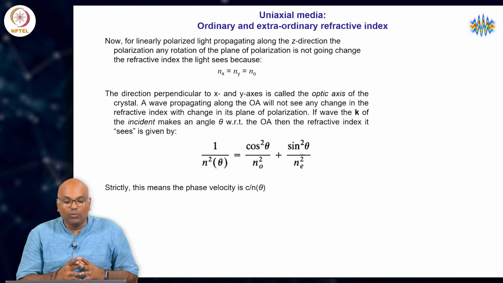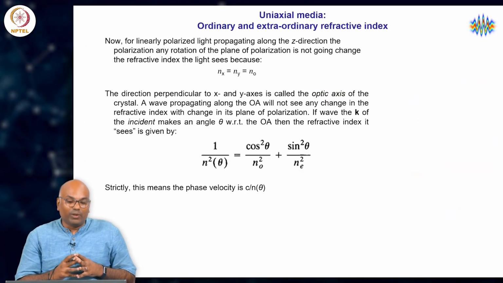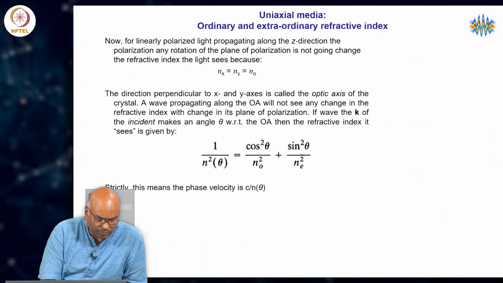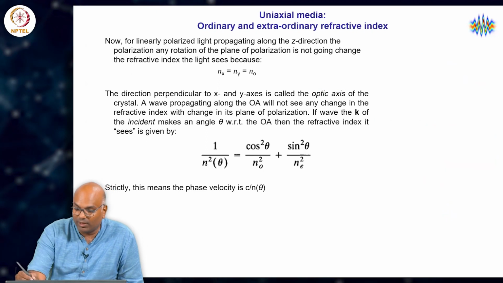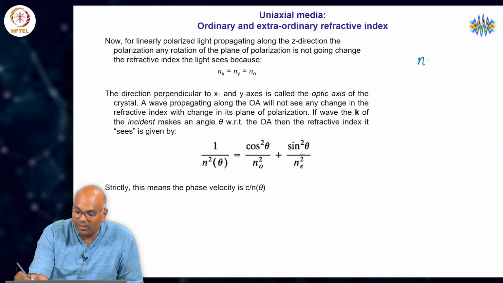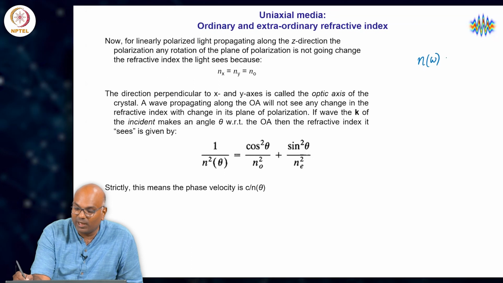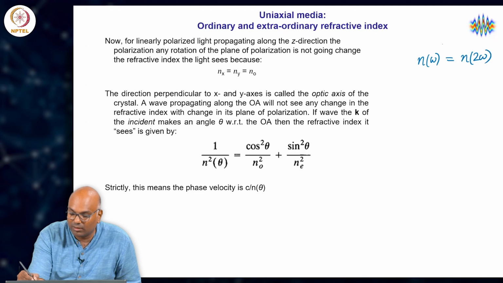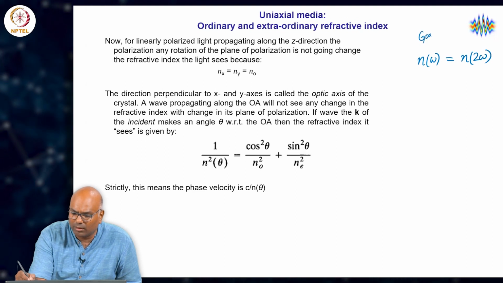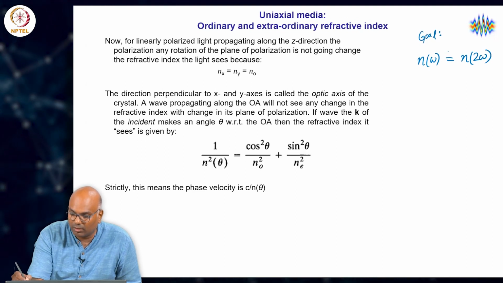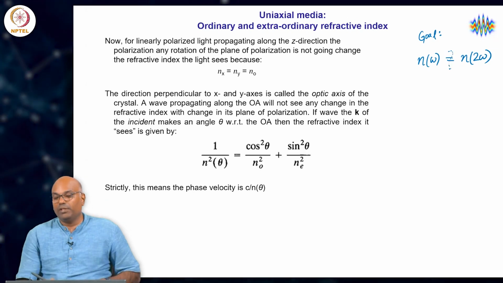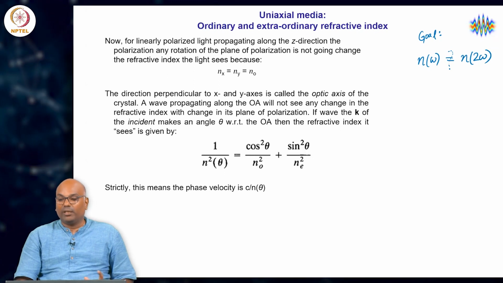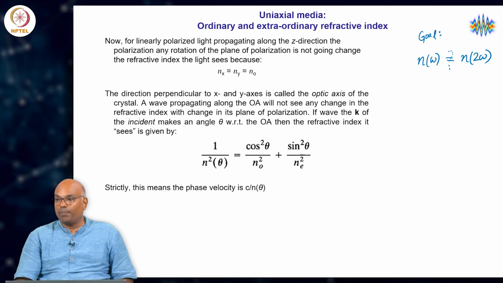So, now I hope you are beginning to appreciate the following. What are we trying to do? We want to achieve the phase matching condition, which is still under question: n of omega is equal to n of 2 omega.